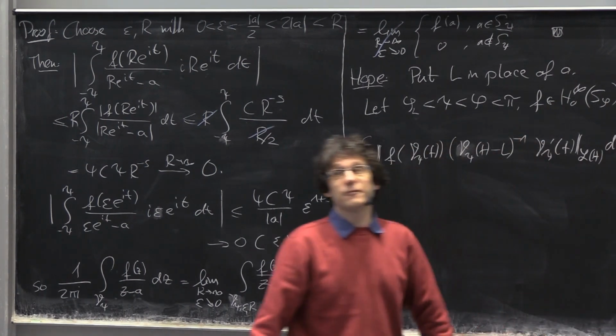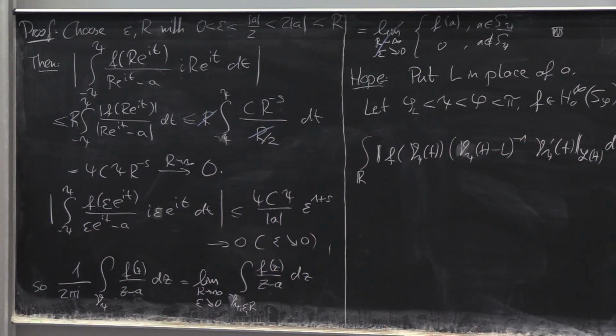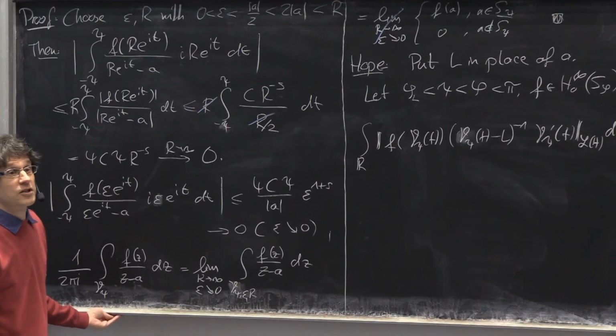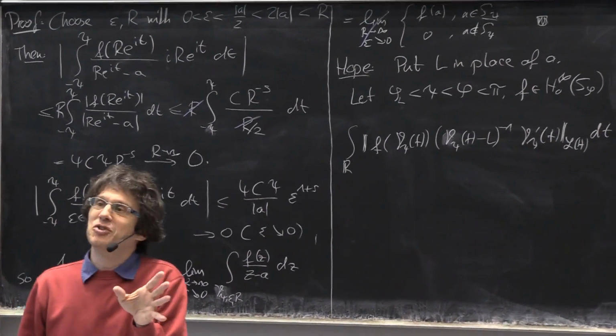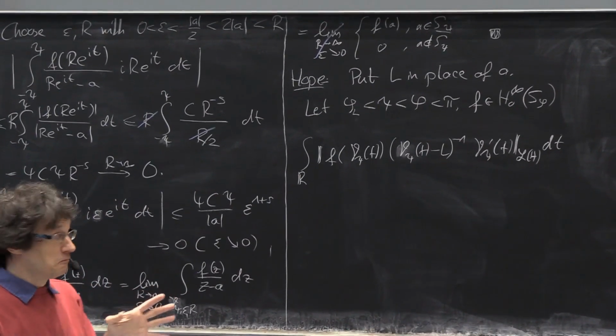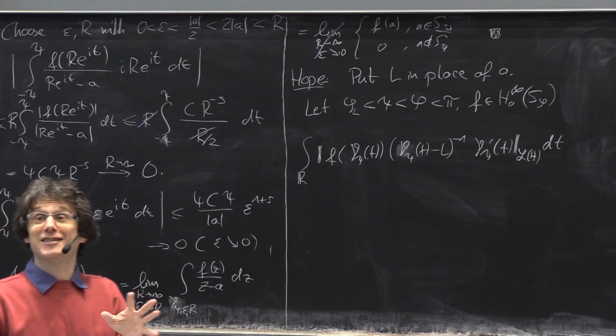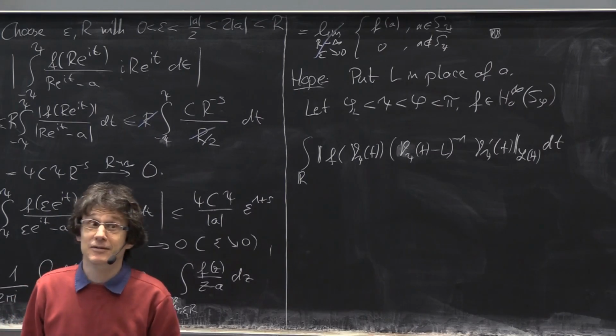This is the thing we have to show is finite. If it is, this will be an absolutely convergent integral, and by it we can define some operator, and then we have to show that this gives something meaningful.